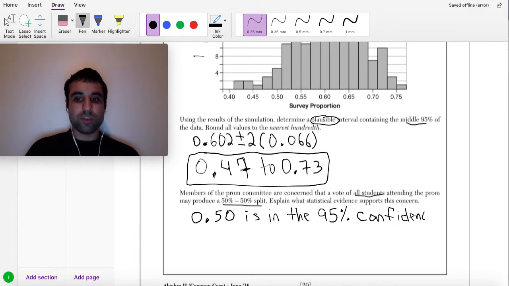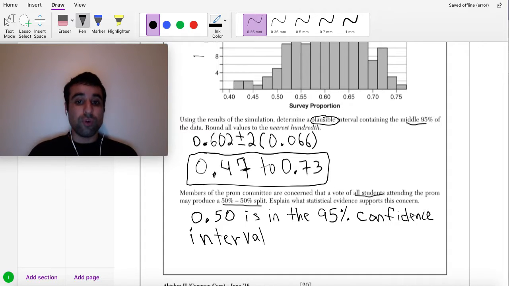So it would not be that surprising, okay? If it was a result that was above 73%, let's say 75% or higher, we wouldn't be too concerned. Or below 47%, we wouldn't be concerned. But 50% is between 47 and 73%. So 0.50 is in the 95% confidence interval.